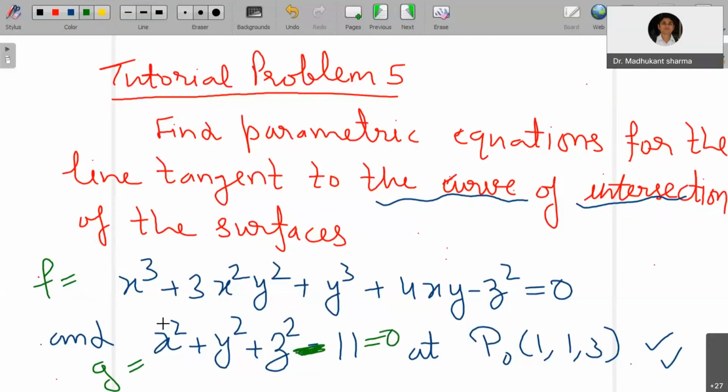Now, they will intersect somewhere. So you are going to obtain a curve, maybe a closed curve, maybe a non-closed curve, it depends.